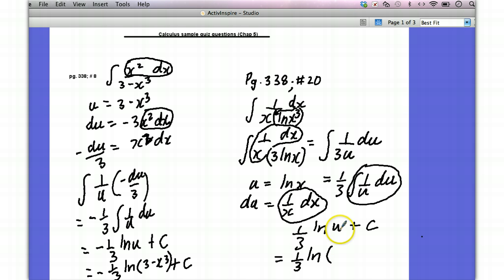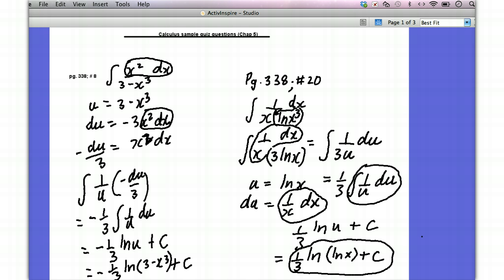Instead of u now, I'm going to substitute back the ln x. ln x plus a constant. So you said 1/3 ln of ln x plus c. You said, can we have an answer like that? I'm sure you can see it. There it is. That's the answer for that one.